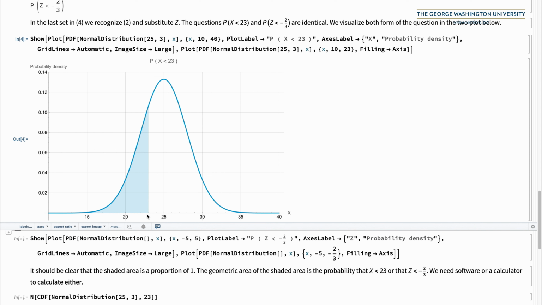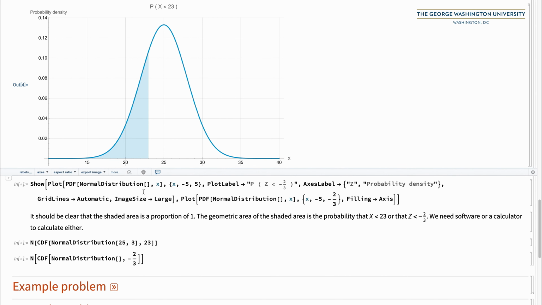It's the shaded area from negative infinity all the way to 23. I always want you to create this little sketch, even if you just take pen and paper, just draw that line, shade it in, and you know exactly what this problem is all about. Now look at this.